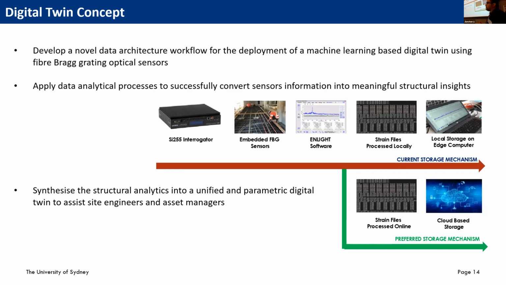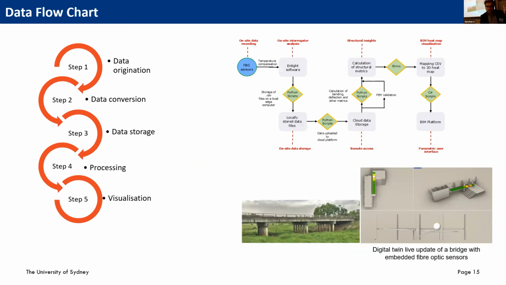So we need to make sure we can calibrate these fibers based on that data, and finally develop a digital twin of the model. I think I discussed that last year; that was the project we did with Lion O'Rourke, where we developed the digital twin model of a pedestrian bridge.